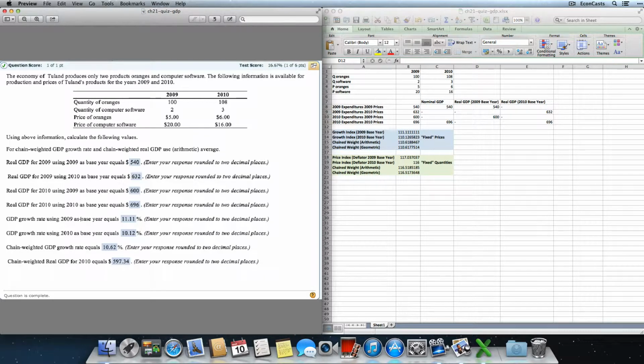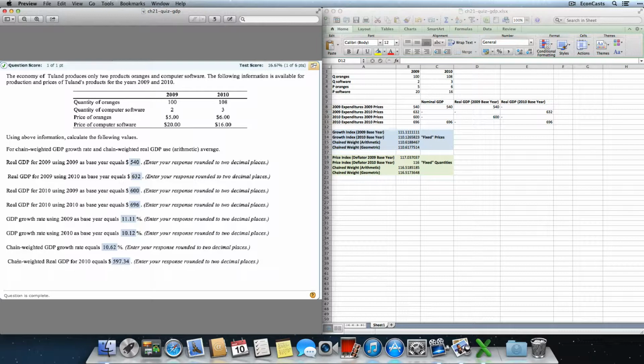It also asks us for the GDP growth rate and the chain-weighted GDP growth rate. Now it's important to remember when you're asked to calculate the chain-weighted growth rate or the chain-weighted price deflator that you pay attention to whether the question is asking for the arithmetic average or the geometric average. There are two different ways to calculate that.